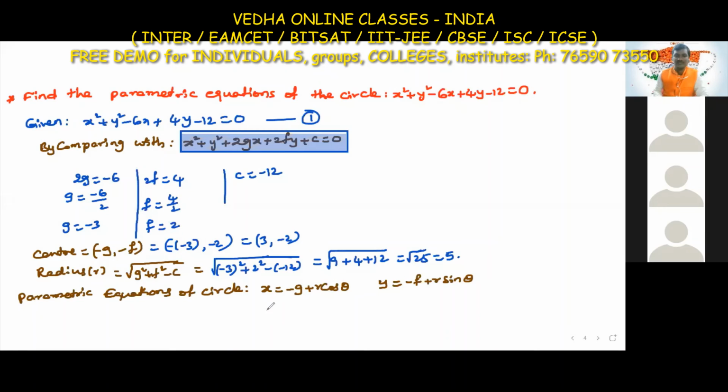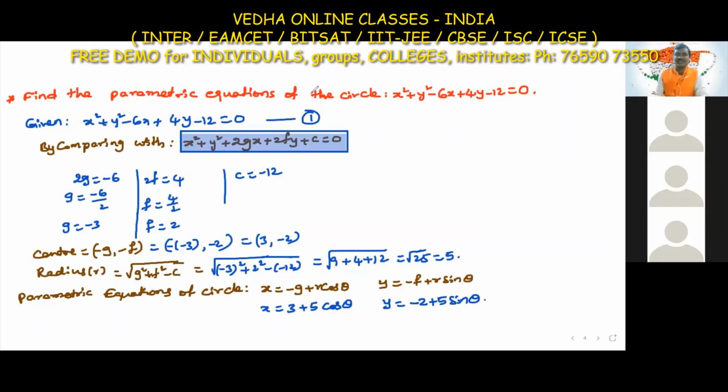Now I am substituting here. x is equal to minus g, which we already found: minus g is plus 3, r is 5, and cos theta. And y is equal to minus f, which means minus 2, plus r, which is 5, and sin theta.